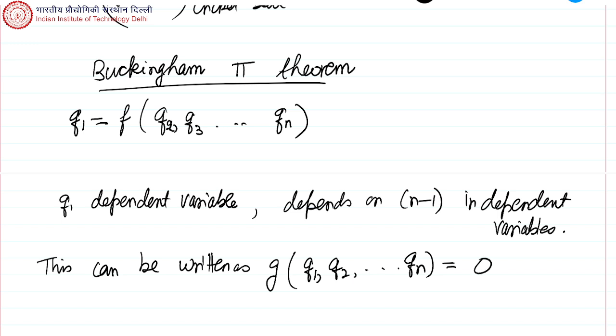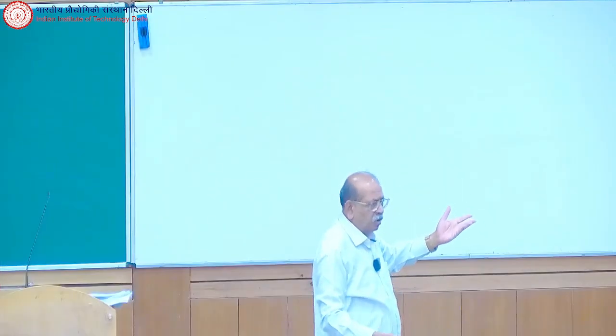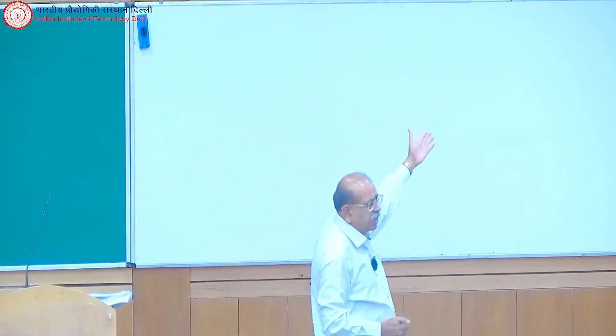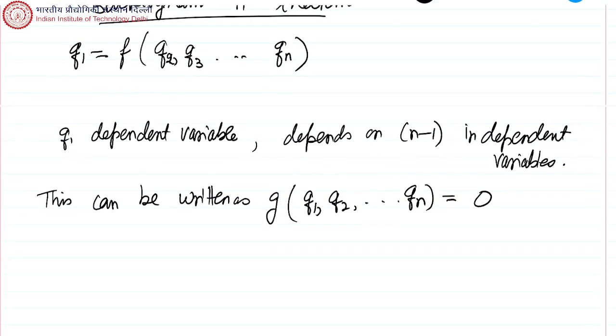If Q1 is a function of Q2, Q3 up to Qn, we can rewrite this as Q1 minus f of this is equal to 0. So then we can say this can be written as G of Q1 to Qn is equal to 0. So that means we have n parameters here.